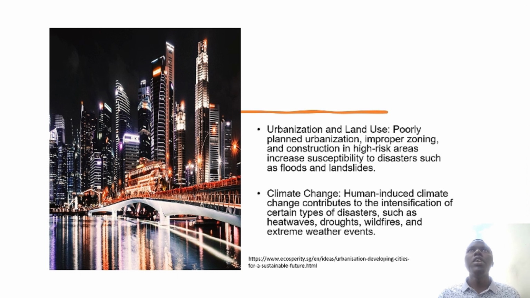When we have a high population, it can lead to urbanization, to build more houses and to use more land, which causes disasters and increases the susceptibility to disasters such as floods and landslides. Another is climate change.